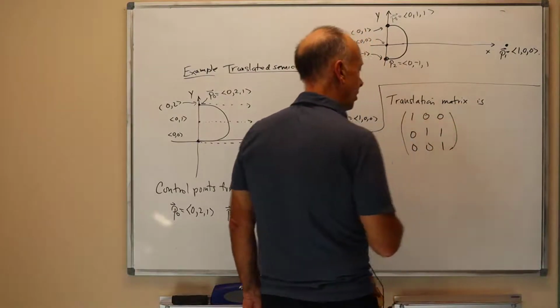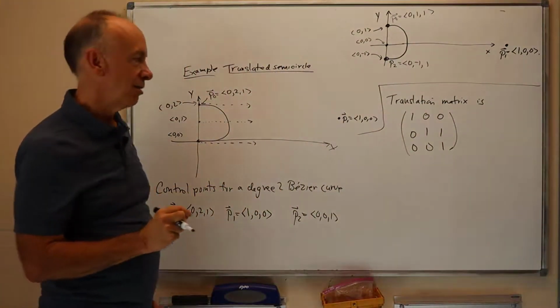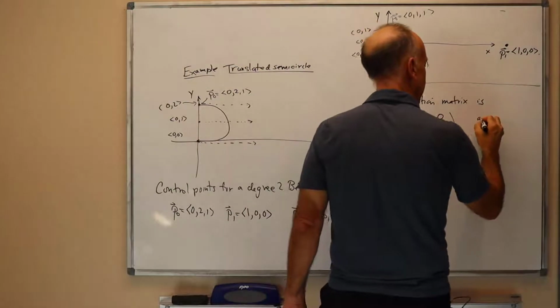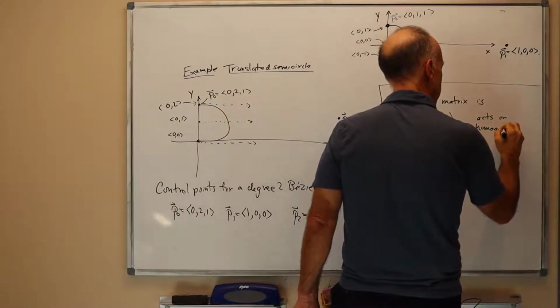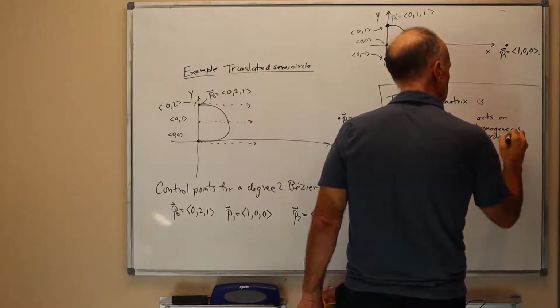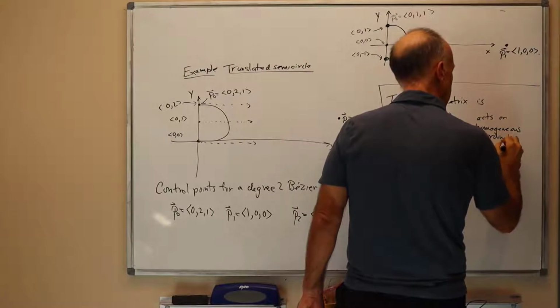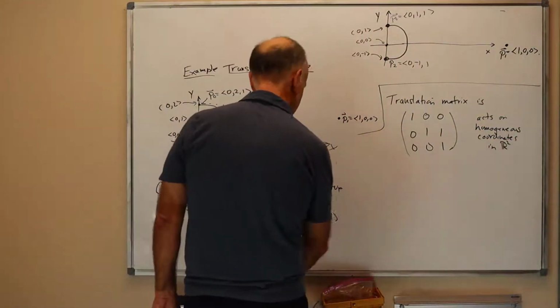This is a 3 by 3 matrix that acts on homogeneous coordinates in R2. Let's call this M.